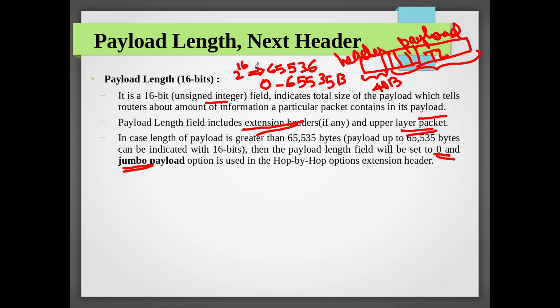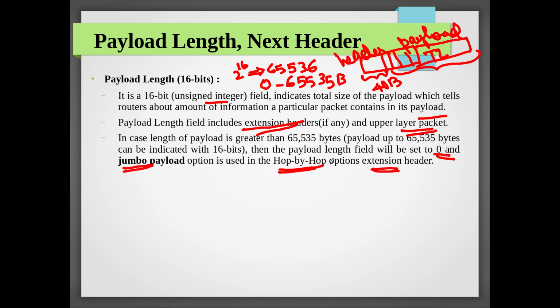Now the size of the jumbo packet will be represented in the options. We know in IPv6 the options are nothing but the extension headers, and we have an extension header called the hop by hop extension header; we will see the different extension headers in subsequent slides.